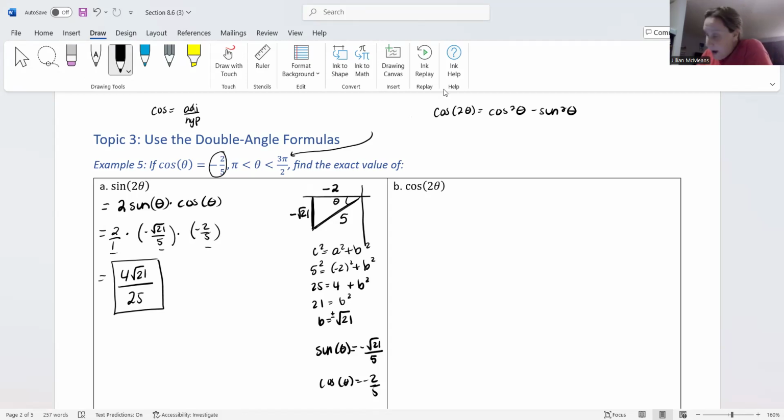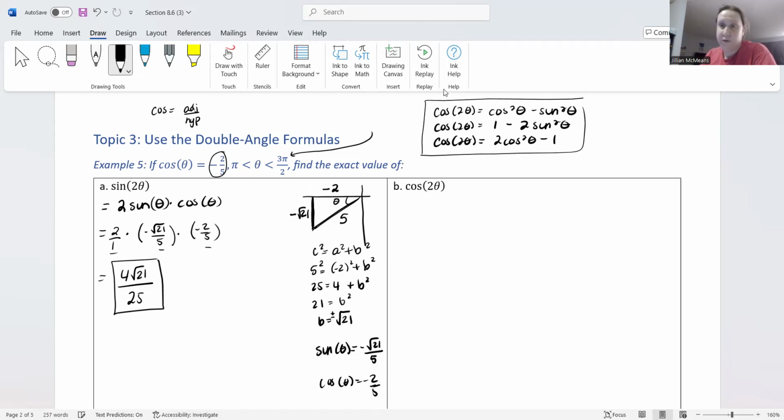We also had that cosine of 2 theta was equal to 1 minus 2 times sine squared theta. And finally, we had cosine of 2 theta was equal to 2 cosine squared theta minus 1. Okay, so those were the three double angle formulas for cosine. And you could truthfully use any of those.